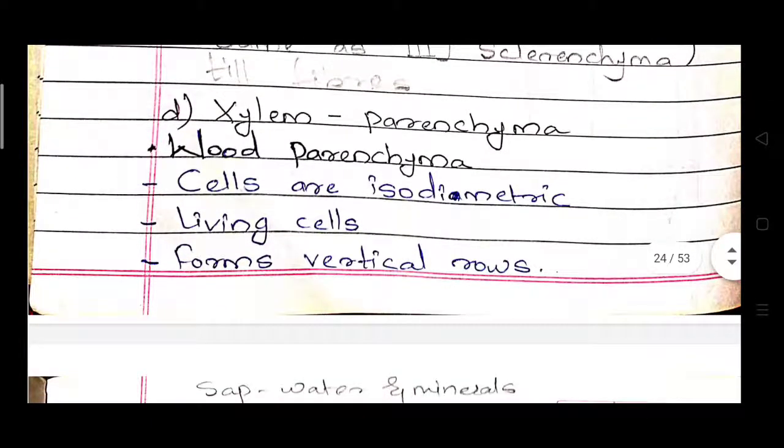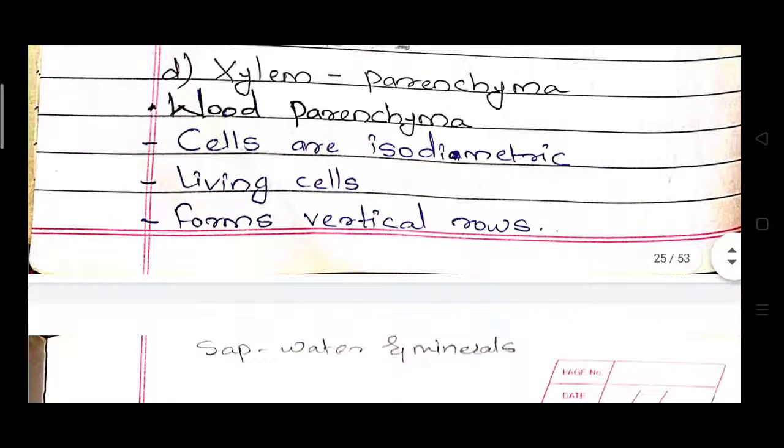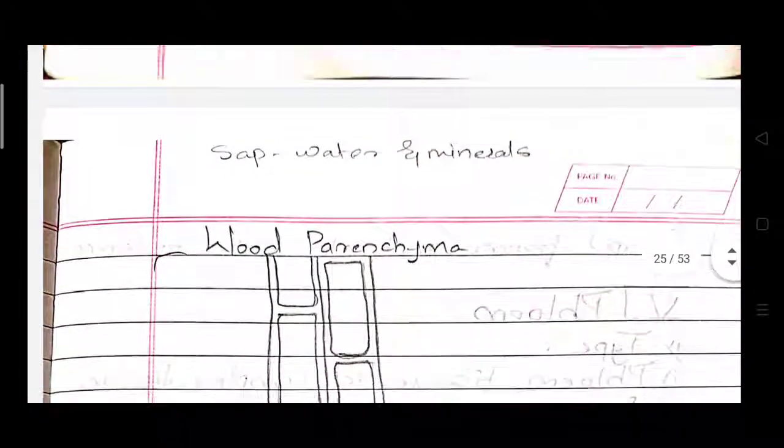Then xylem parenchyma has two types, wood parenchyma and ray parenchyma. Wood parenchyma forms vertical rows and ray parenchyma forms horizontal rows. The other characters like the structure are isodiametric, and both are living cells.